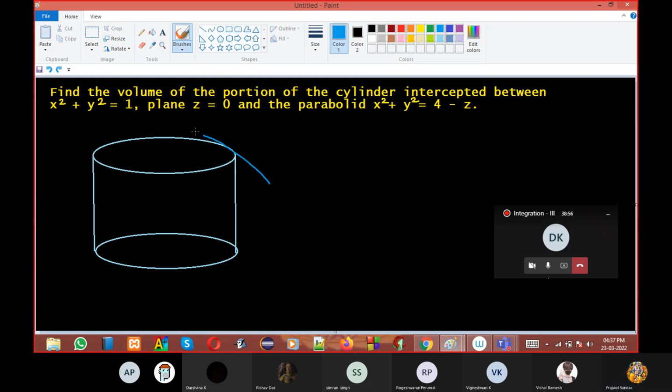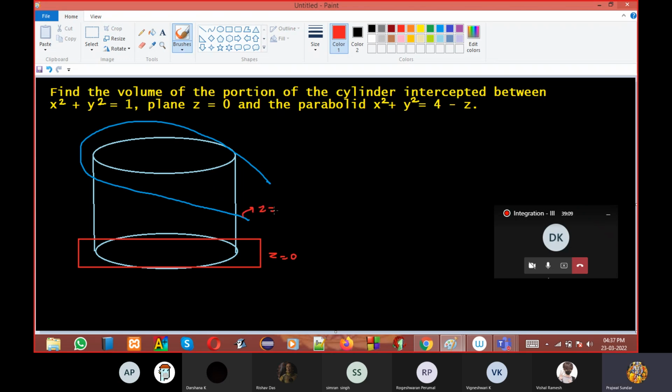Just think: down you're having z equal to 0, and up you're having z equal to 4 minus x squared minus y squared. That's it. You have to integrate over the circle below, and the z limits will be like this. Nothing different. Better to use cylindrical coordinates, since this is r squared, no?